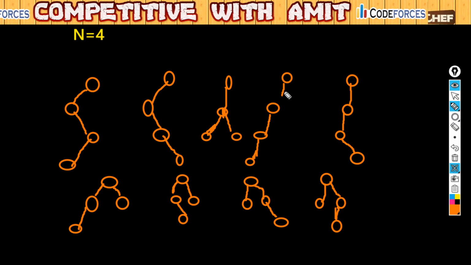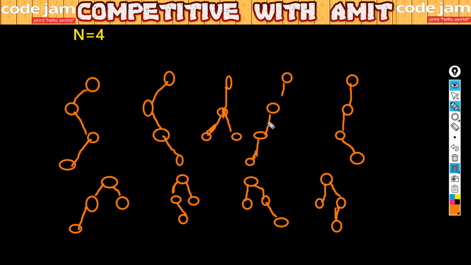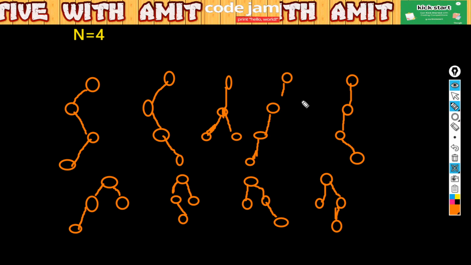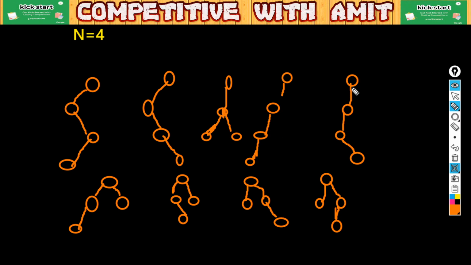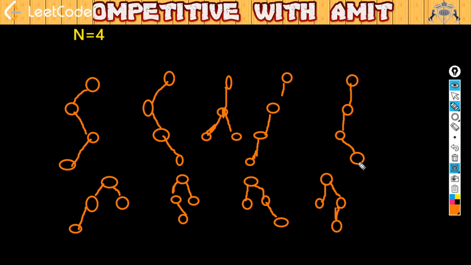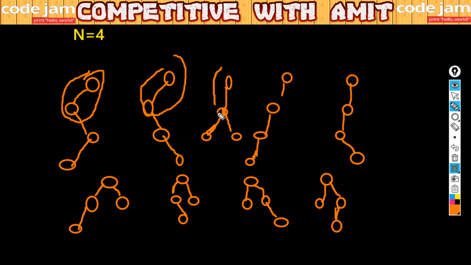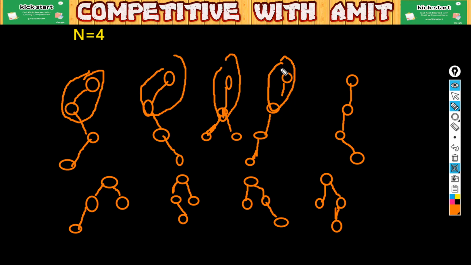In this, all the nodes are on the left, followed by left nodes: left, left, left. This is the fourth combination, and this is the fifth combination: first left, then right. So these 5 combinations are there when these 2 starting nodes are fixed. Means in this also these are fixed, in this also, in this also.